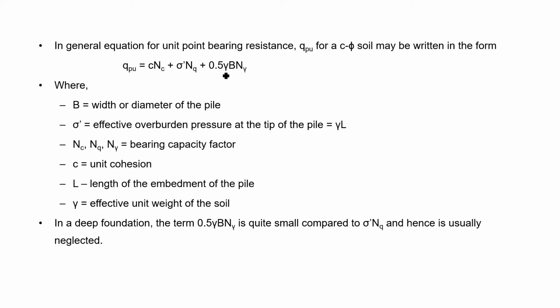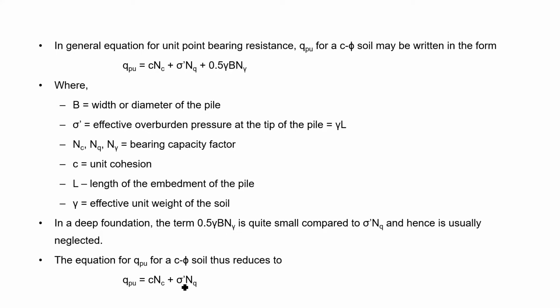So the equation for Qpu, the ultimate point resistance for a c-phi soil, can be written as c Nc plus sigma dash Nq, where c is the cohesion of the soil, Nc and Nq are the bearing capacity factors, and sigma dash is the effective overburden pressure.